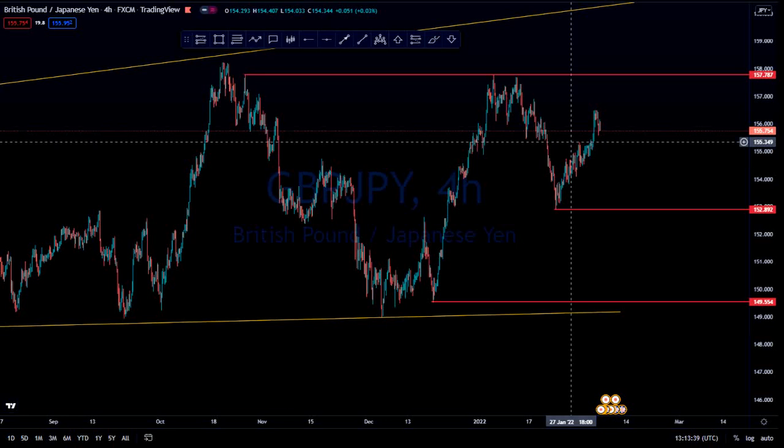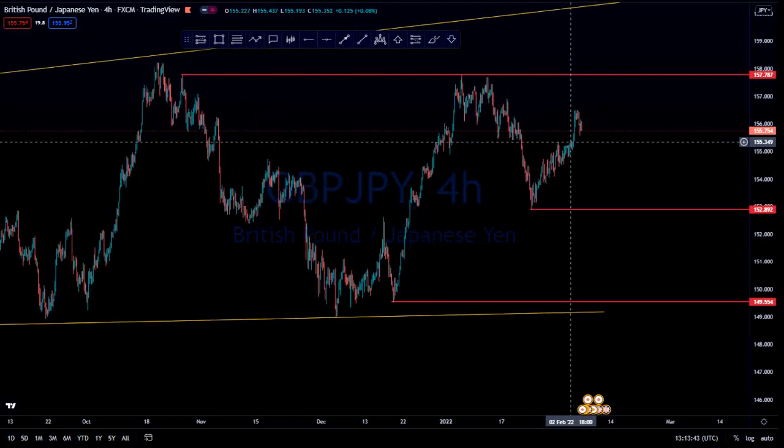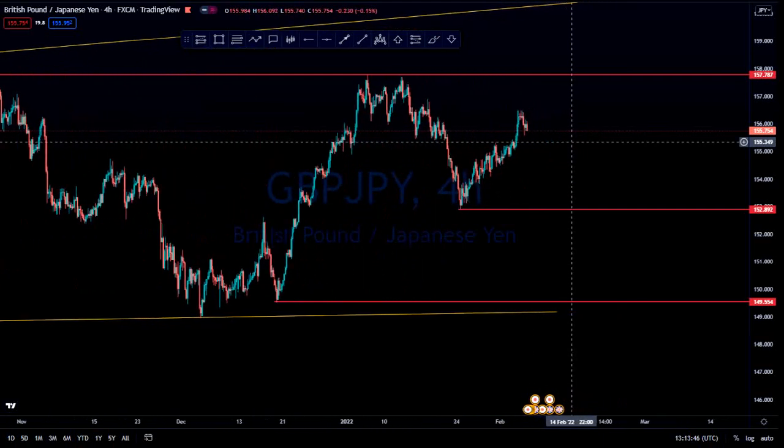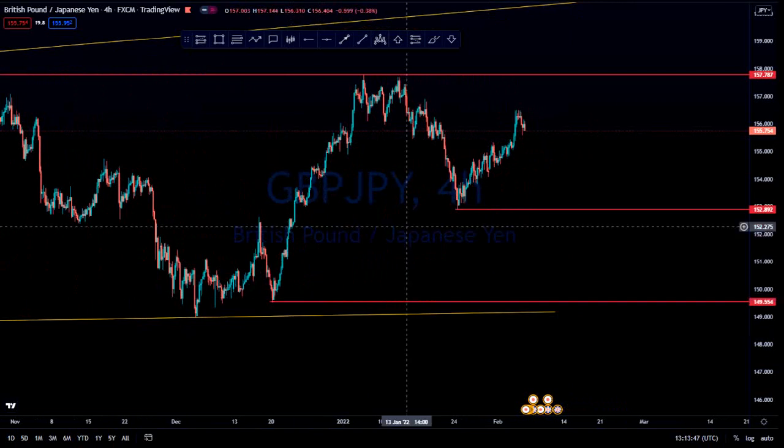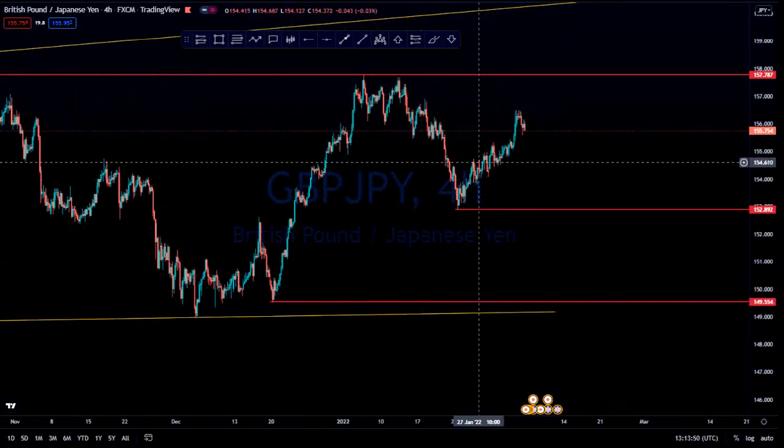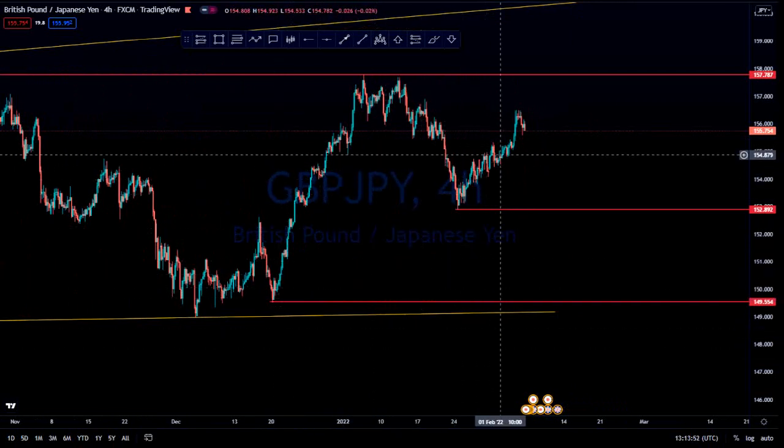Because if that one scenario that I have doesn't play out, I'm going to be put off and then miss a trade. Because you know how many times it happened that you focus on a trade, then something else happens, then you forget about that trade, and after 2 or 3 days you come back and the price did exactly what you focused on. So that is why I have two scenarios.